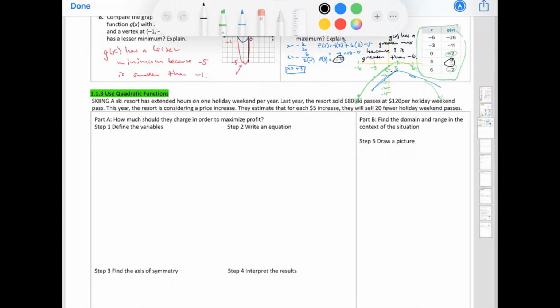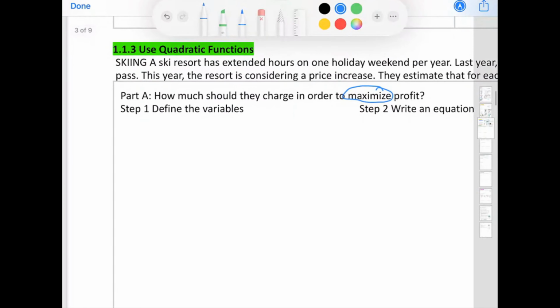Part A, how much should they charge in order to maximize profit? I'm going to underline that word, maximize or maximum. Does that make sense? Okay, step one, how do we define our variables? Let's have x represent the number of $5 price increases.